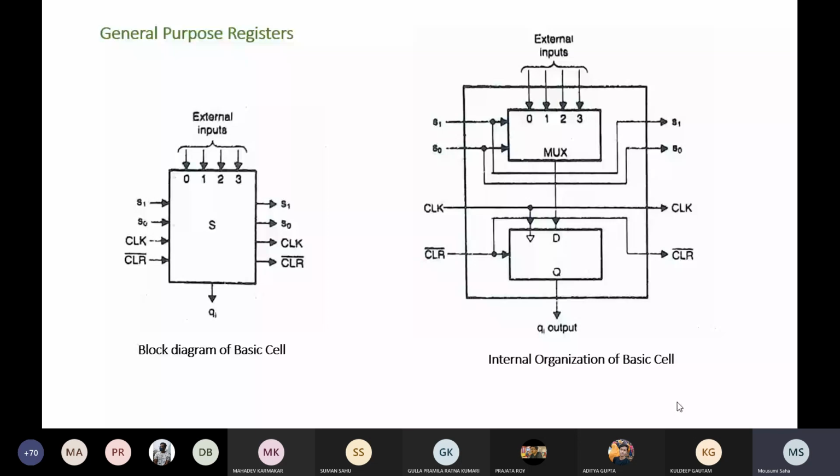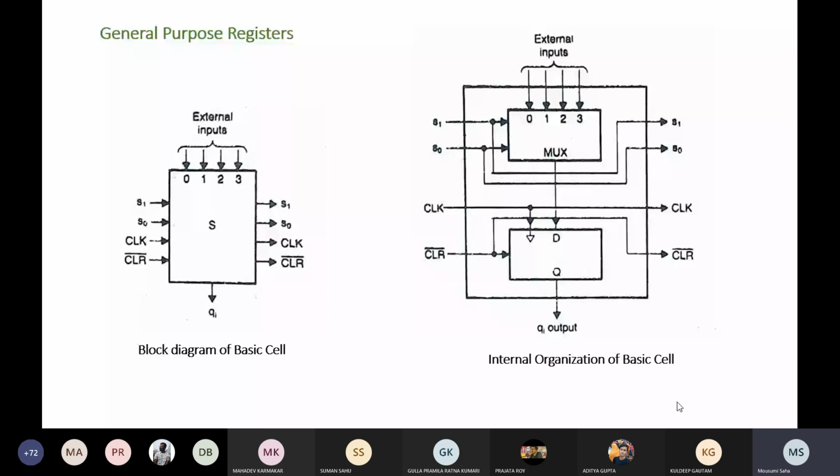Based on that, you can draw the block diagram and design it, and that should fulfill at least a few operations. The basic operations are that we can store, we can retrieve, and at the same time we can do some shifting operation. So these are the main basic operations of your general purpose registers.